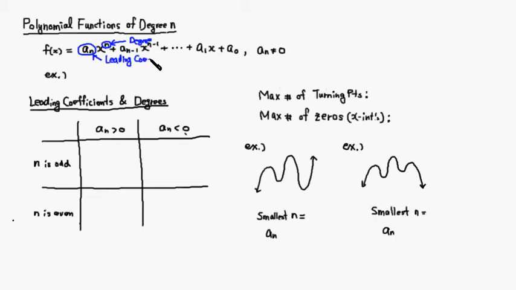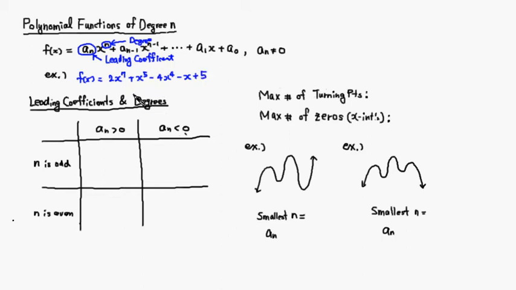An example would be, you don't have to have all the terms, but say the function f of x is equal to 2x to the 7th power, plus x to the 5th power, minus 4x to the 4th, minus x, plus 5, or something like that.